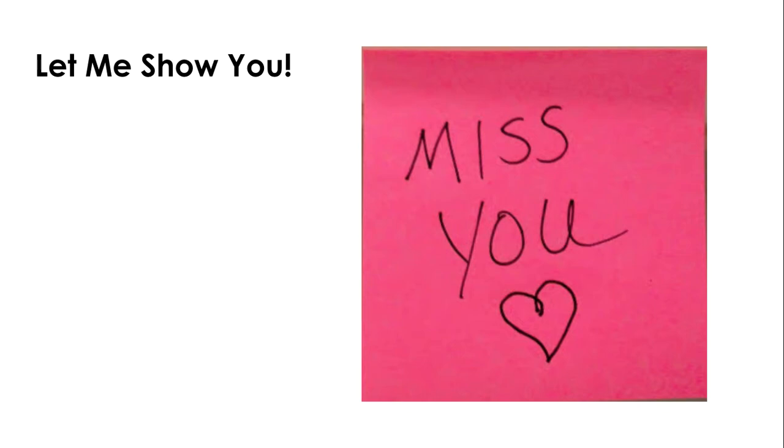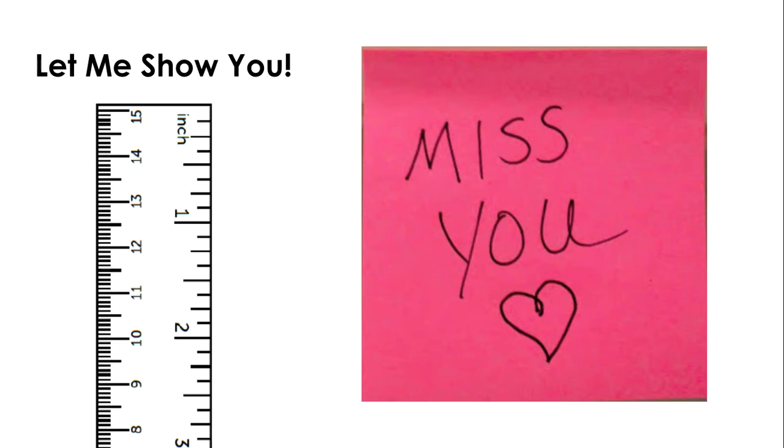So here we go. You'll need your ruler. I have mine here. And we'll only need the side starting at the 0 or the end point. So find your end point, your 0, and we'll need to line our end point up with the end point or corner of the Post-it note.